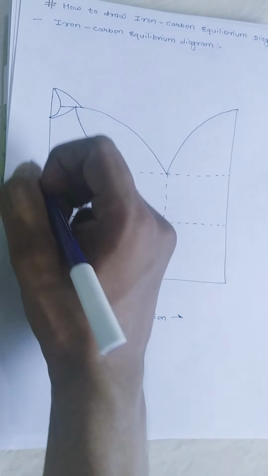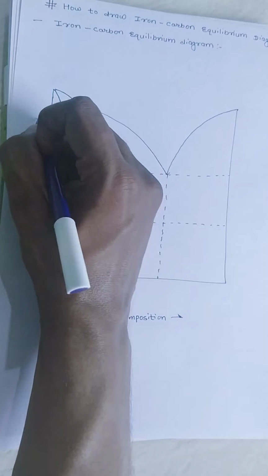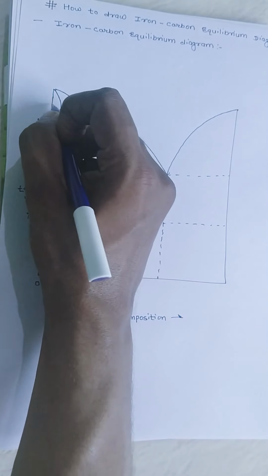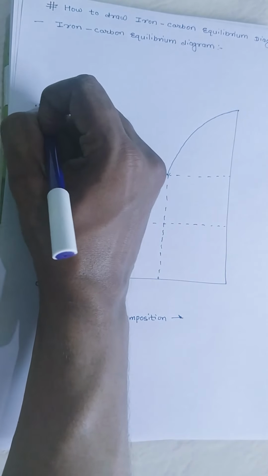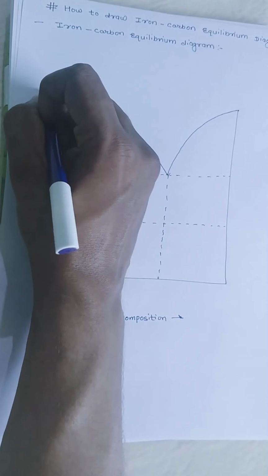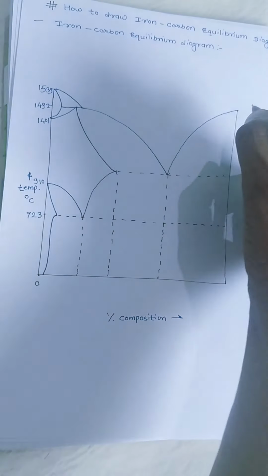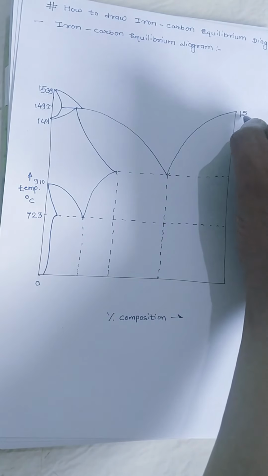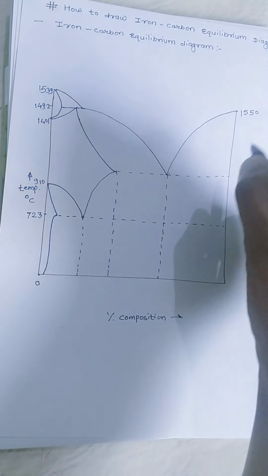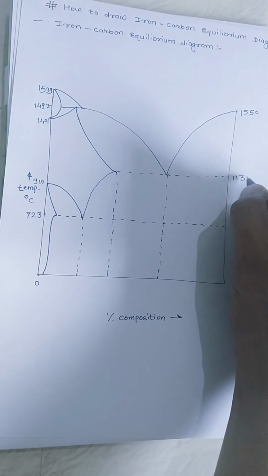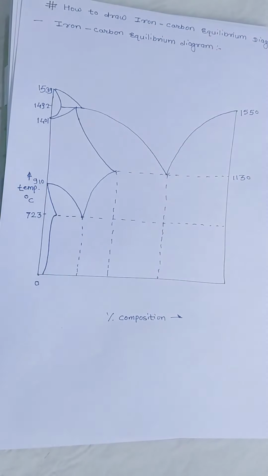Temperature in degrees Celsius. This is 1401, this is 1492, this is 1539 degrees Celsius. And this is 1550 degrees Celsius. This is 1130 degrees Celsius.